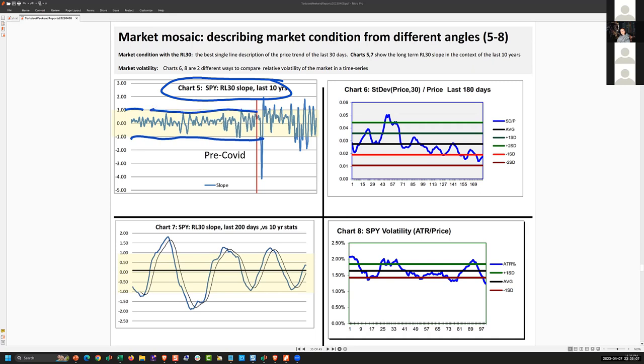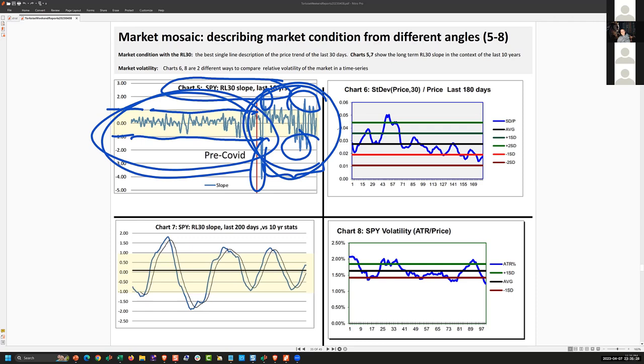Look, pre-COVID, it rarely got out of that plus or minus one. But since COVID, look how crazy this market has been. This is a completely different market condition that favors short-term swing trading and volatility trading. I can show you that mathematically, that the market is different. How different? Look at the difference. That's what statistics and math will do for you.